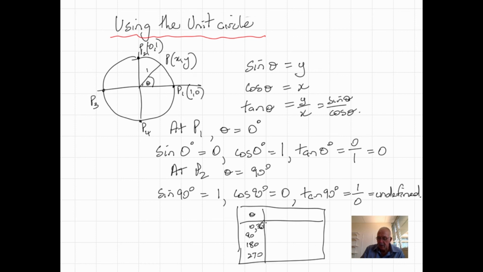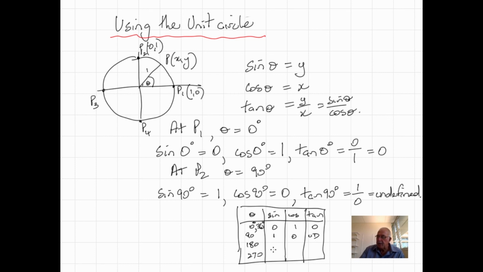So 0 and 360 will have exactly the same trig ratio. So we've got sine, cos and tan. You should be able to fill in those four entries there. We've already got for 0: 0, 1, 0, and for 90: 1, 0, undefined, and you should be able to do 180 and 270.